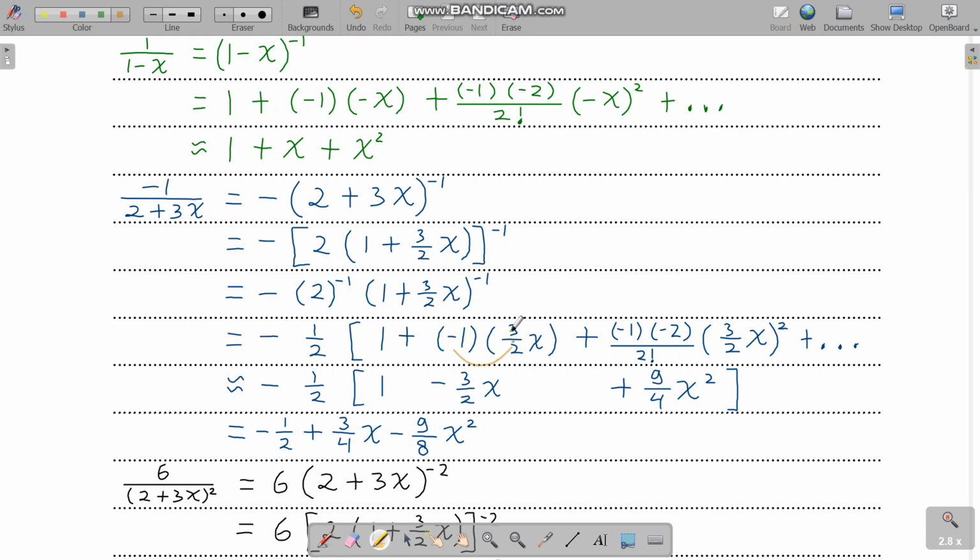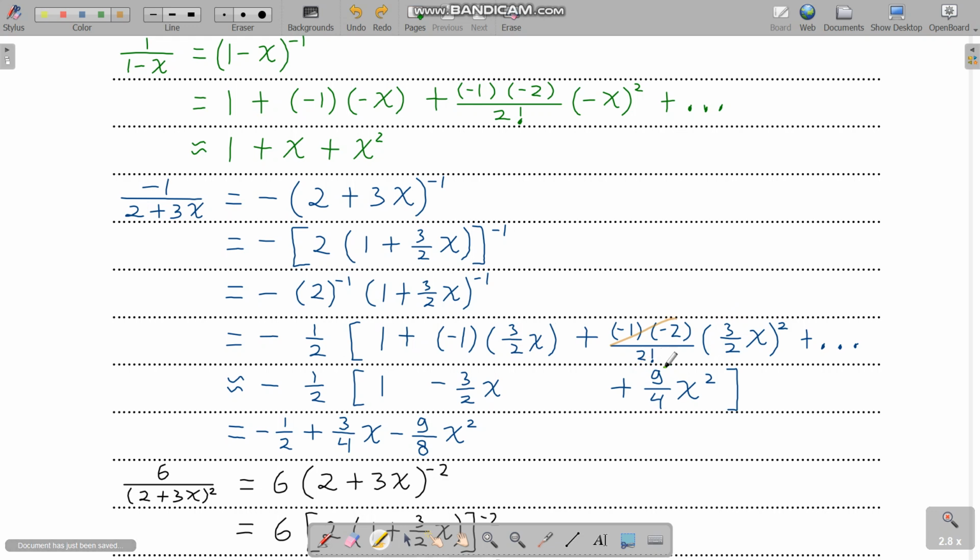If we simplify, this is minus 3 halves x, and the 2s cancel out. And here we also square the 3 halves, so we get 9/4 x squared. So last part here we just multiply: minus 1/2 times 1, minus 1/2 times this, and minus 1/2 times this. This is what we get.